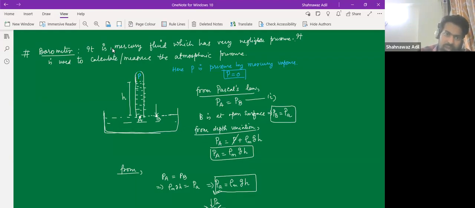It is made up of very negligible vapor pressure. So you guys have noted it down, please tell.